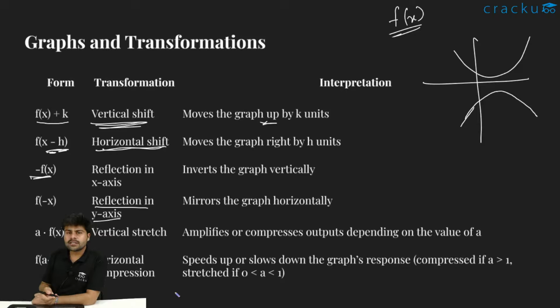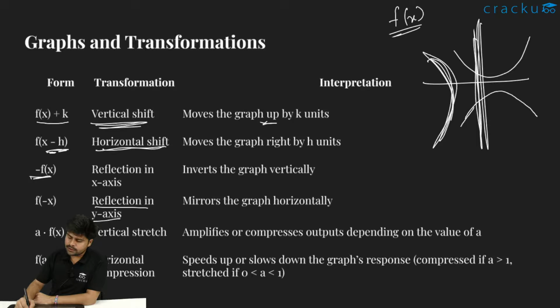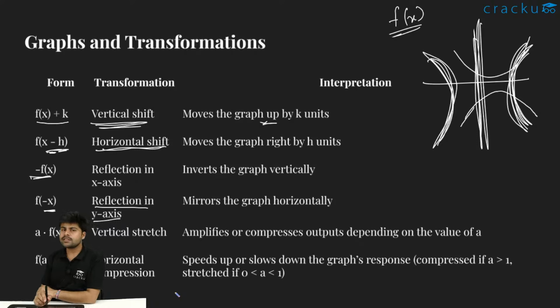How do you take the reflection in the y-axis? So say this is the y-axis. If you have this graph and you want to reflect it against the y-axis, it will look like this, right? To do this, you can just take the negative of x. What this does is that the negative x-axis will act as the positive x-axis, and the positive x-axis will act as the negative x-axis.